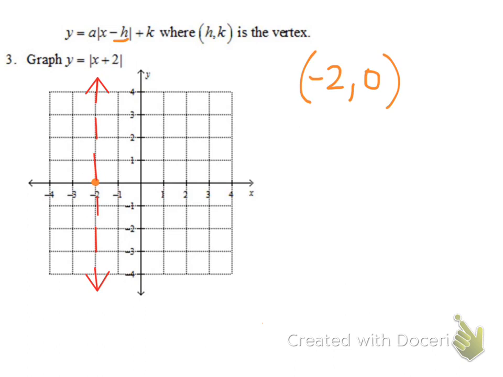The A again is 1. We'll see that a lot on these absolute value equations. So slope of the right-hand side is 1 over 1, so we'll go up 1, to the right 1, reflect those points across the axis of symmetry, and connect them to form your V.